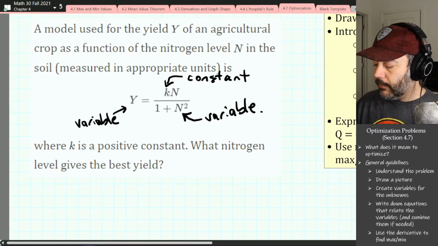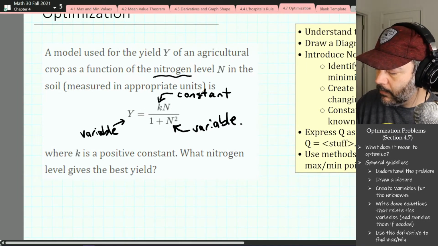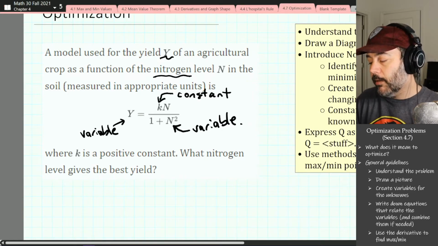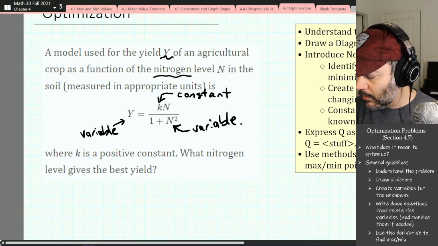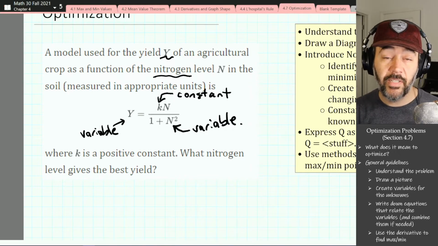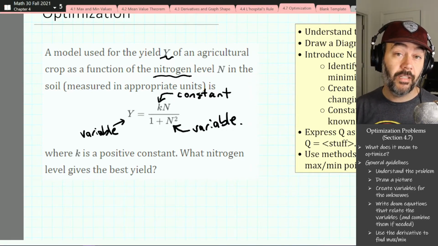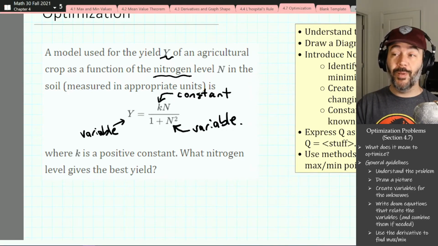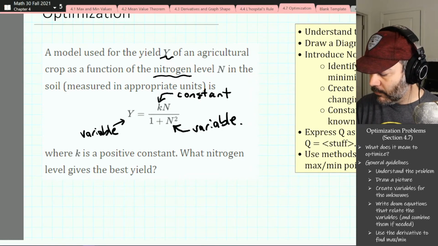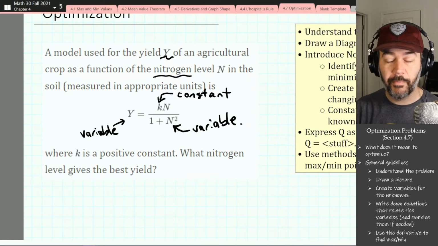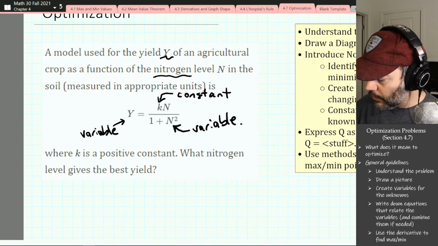N represents the level of nitrogen. Y represents how much crop is grown. They've actually already given us the relationship we need. So this is one where you don't need to build the equation that you're going to maximize.